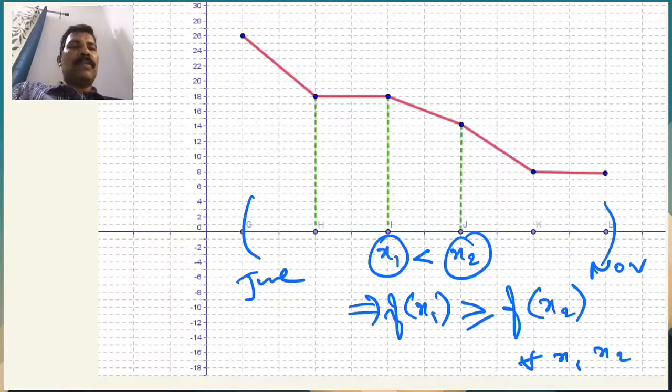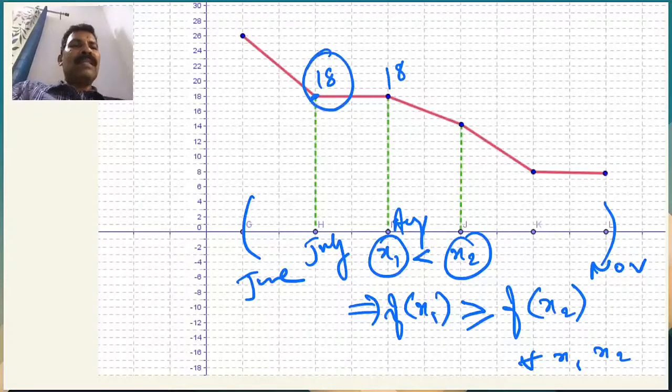For example, here you can see that the performance, that is 18 marks in the month of July, and in August that is also 18. But once he achieved 18, next time he is not going up, meaning not getting more marks than 18. It may be at par with 18 like this.